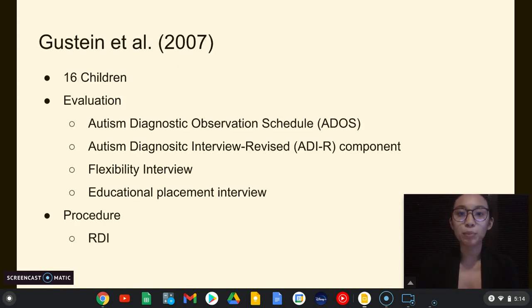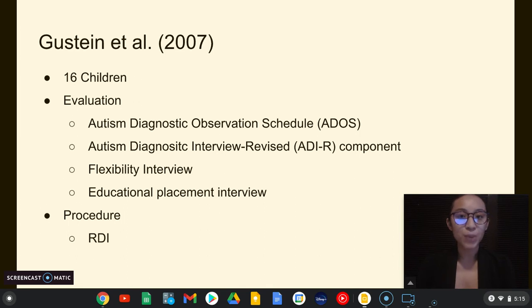So the study that we will briefly review was conducted by Gustine himself. The participants were 16 children aged from 20 months to 8 years old. They all were diagnosed with ASD. They were high functioning. And even though they were diagnosed with ASD, some participants did have other underlying diagnoses. The male to female ratio was 15:1.